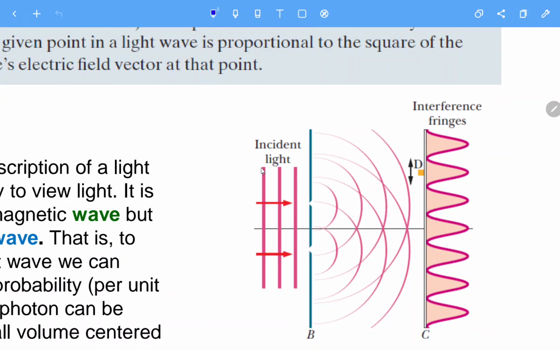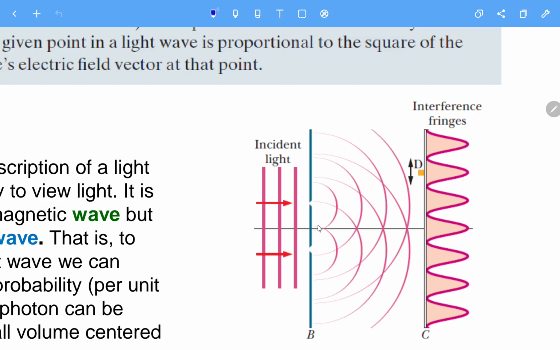In high school you should have learned the double slit experiment. Suppose here we have a wall, or this B is like a block, and there is a plane wave incident from the left to the right side, and there are two slits.